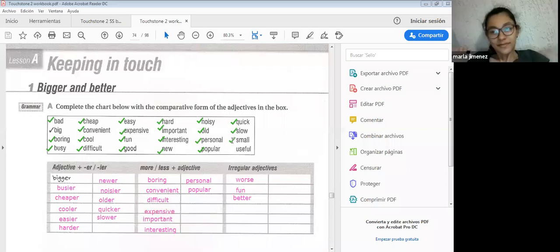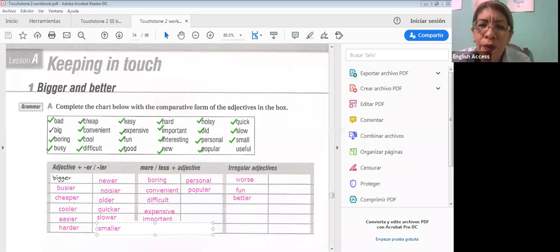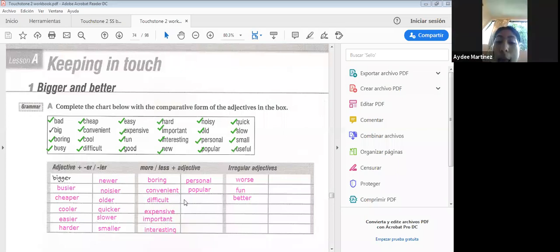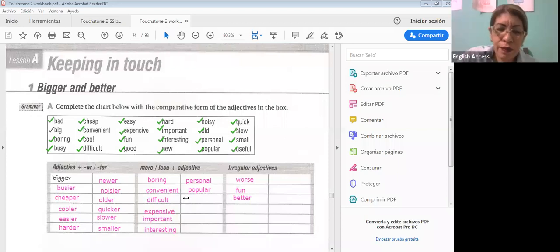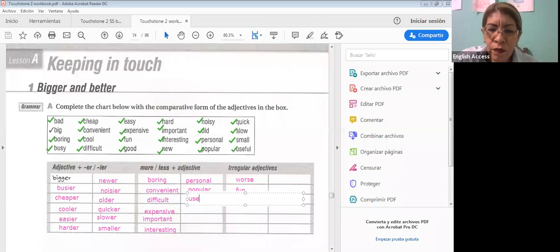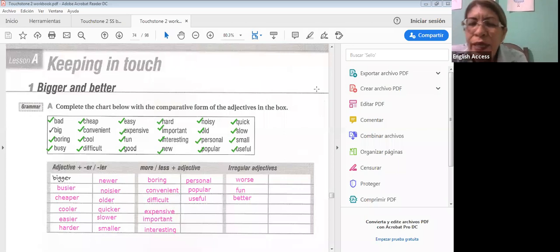Smaller. Yes. And the last one, useful. More or less useful. Okay, so here we have all the adjectives.